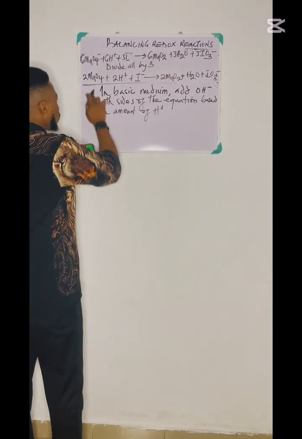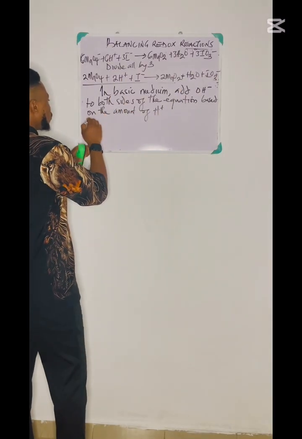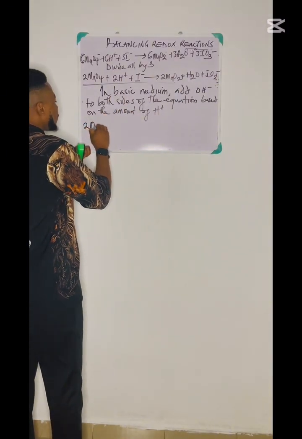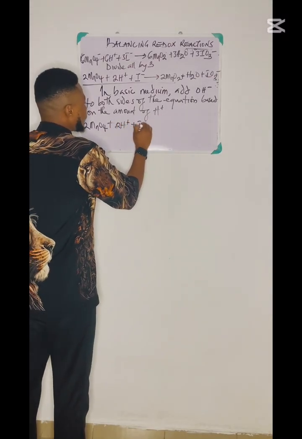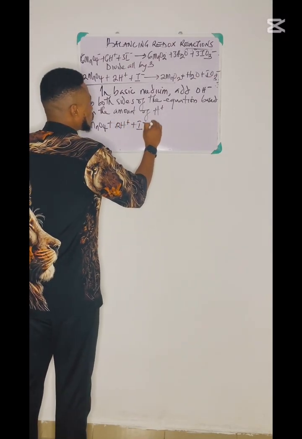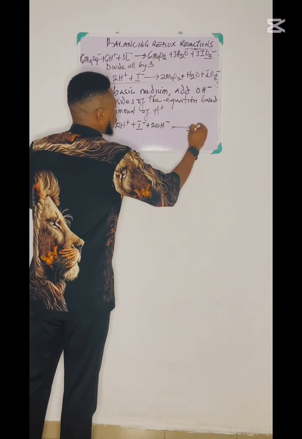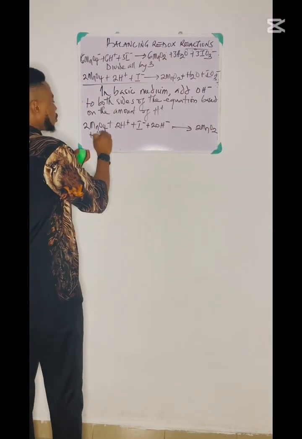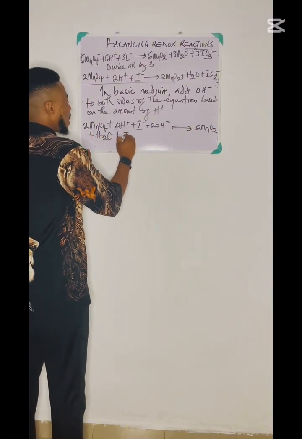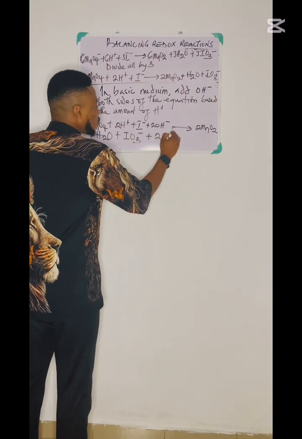Simple. This is the left hand side, this is the right hand side. So what do we say? 2MnO4 minus plus 2H plus plus I minus, then plus 2OH minus to give us 2MnO2 plus H2O plus IO3 minus, then plus still 2OH minus.